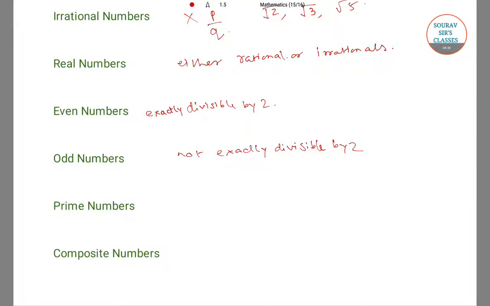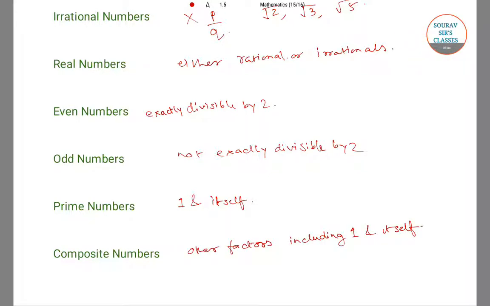Prime numbers are those numbers which do not have any factor except 1 and itself. That is, it will not be exactly divisible by any number except 1 and itself. Whereas composite numbers are those numbers which have other factors except 1 and itself.